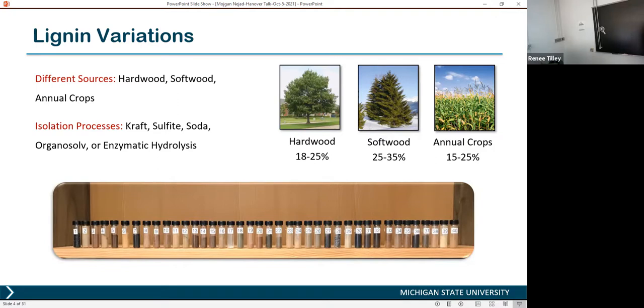The amount and the chemical, physical and thermal properties of lignin change based on the source and the extraction process. The majority of the pulp and paper industry currently uses either the kraft or sulfite process. The organosolv and enzymatic hydrolysis processes are usually used for biorefinery applications.